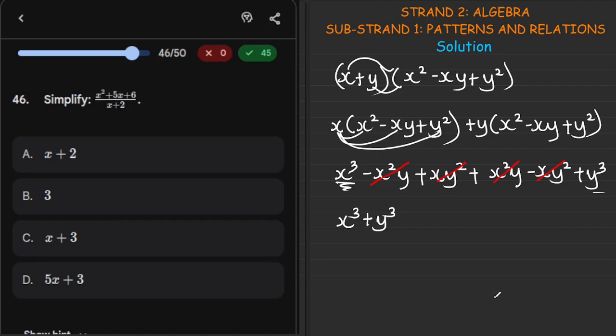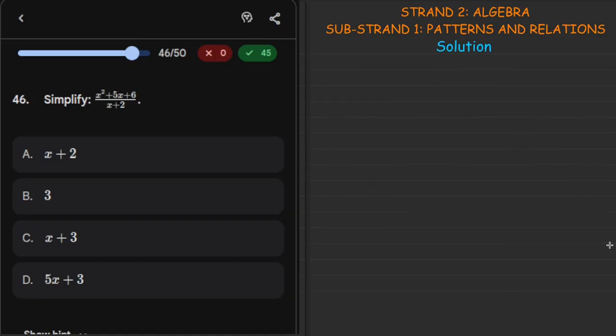Question number 46. For 46, it says x squared plus 5x plus 6 all over x plus 2.